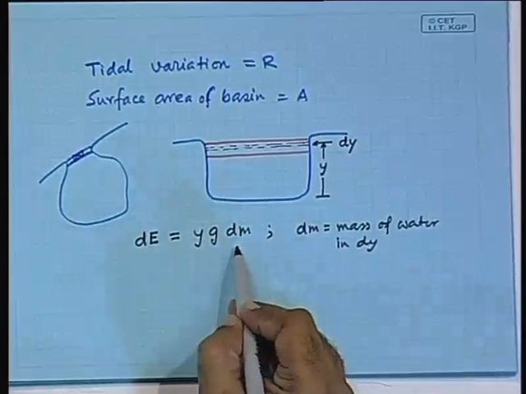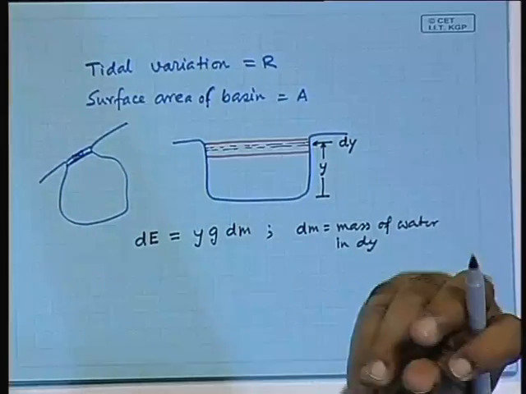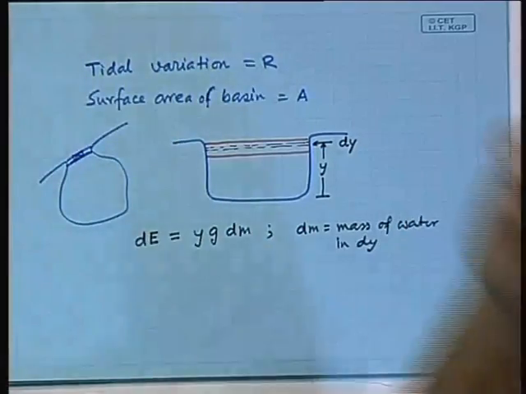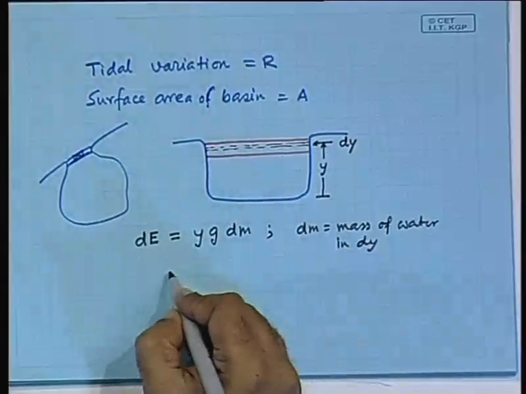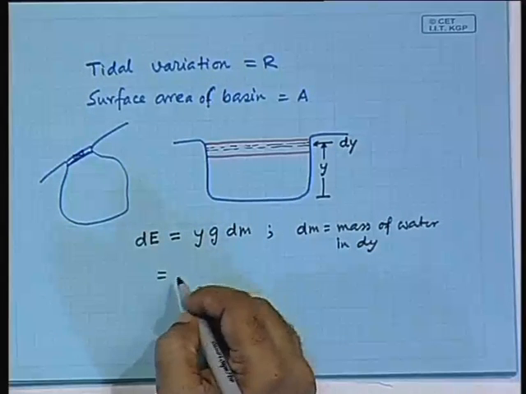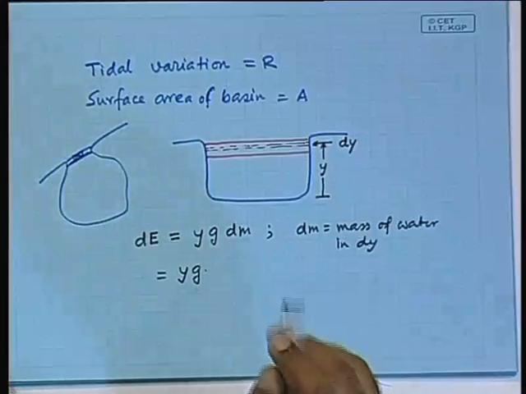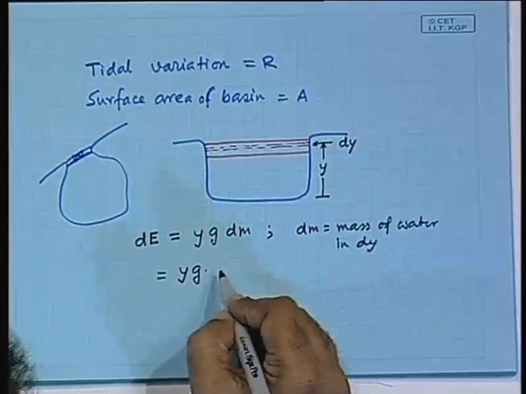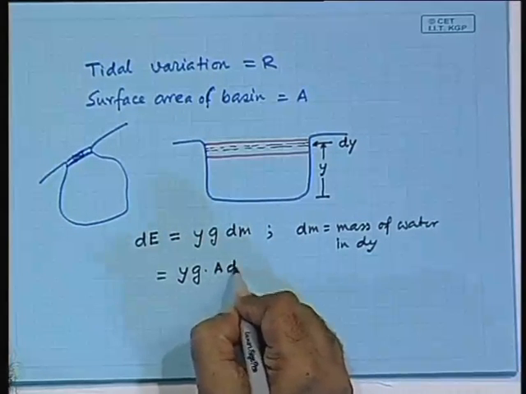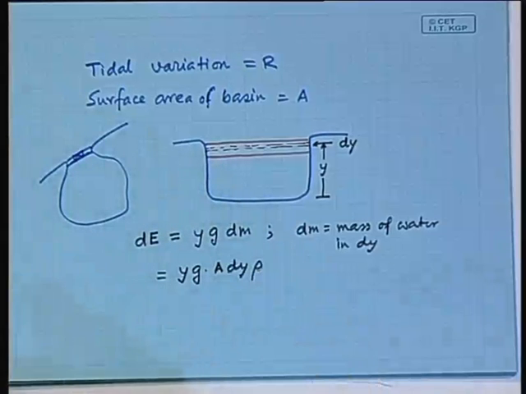Obviously, we know dm because that is nothing but the volume of water times the density. So, this is equal to yg times A dy times rho, right, stands to reason.